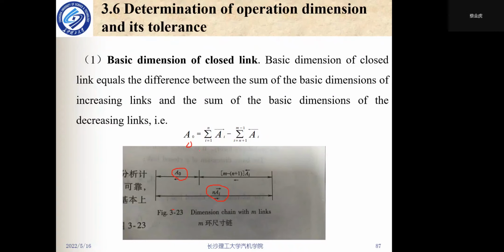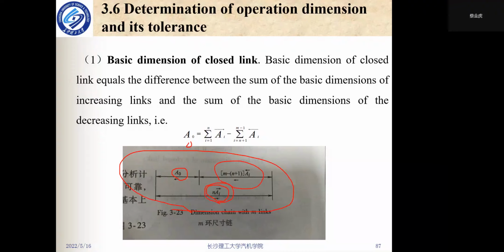Because in this figure, if this dimension is a constant, then I0 and this dimension will vary in opposite directions.